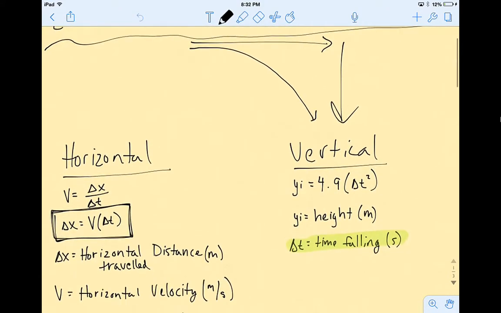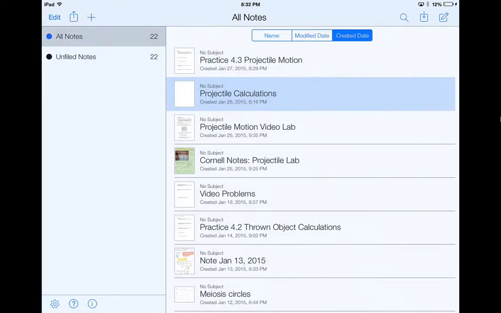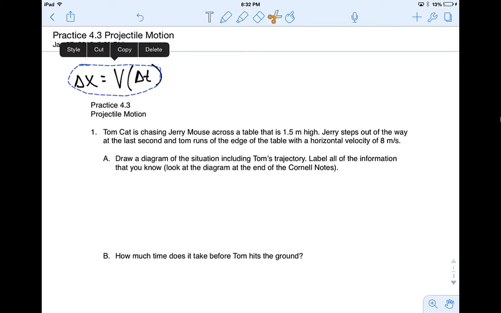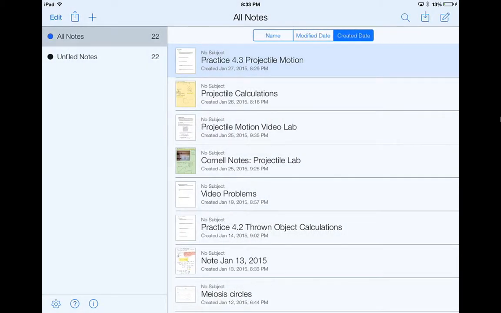Okay, so first off, I'm going to copy out this equation right here. So this is my big horizontal equation. And I'm going to copy that and put it right at the top of my page. This is something that you guys can do. You can put the equations at the top of your page that you know you're going to need to use.